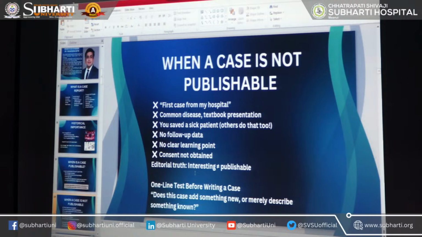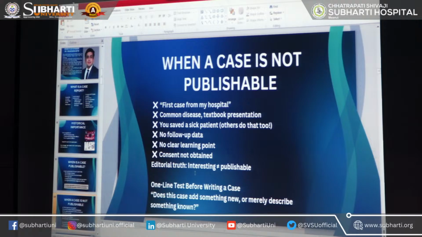Then, no clear learning point. Suppose, for example, you're on rounds, you come across a point. What do you do? You just Google it up. The first thing that comes on your feed is that particular thing which you're googling, whether there is evidence for it or not. You get evidence data in it.